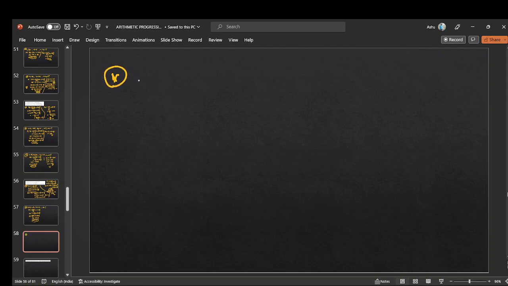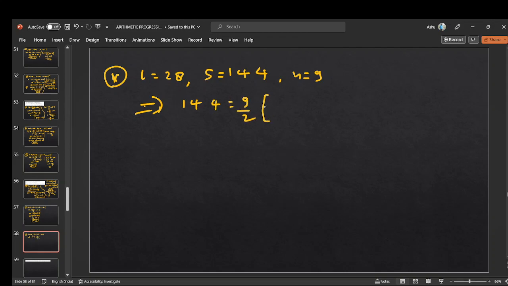Here in the 10th question, the last term is 28 given and S is equal to 144 is given and n is 9 also given. Then we can use 144, which is the clue. 144, it is 9 by 2. We don't have information about a, so a plus l. l is the last term.